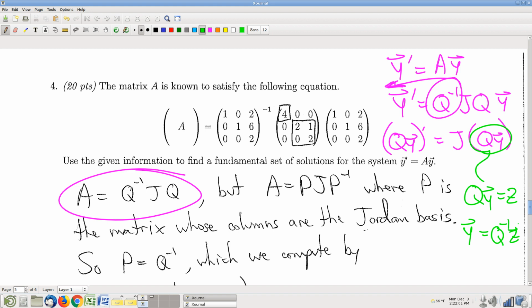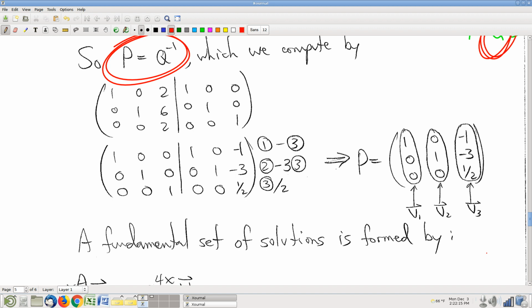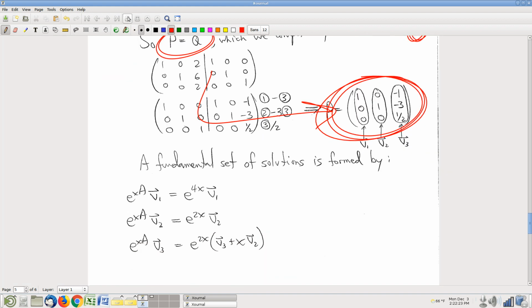Okay. All right. So that being the case, we've got to find this matrix, this Q inverse that I multiply by Z. So there's that row reduction, and here it is, and there's my Jordan basis, and everything from here is kind of plugging into the formula, and you see the V1, V2, and V3 showing up down here. Everybody on board? By the way, note the relevance of the Jordan blocks in this.